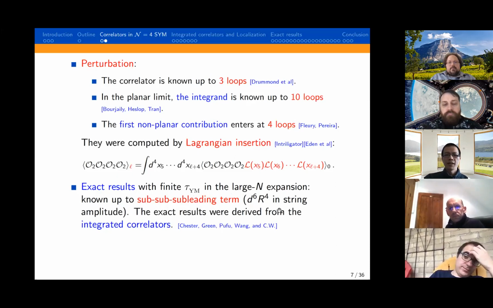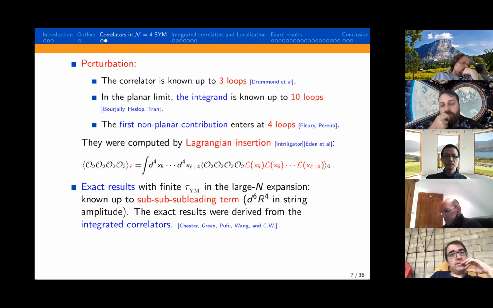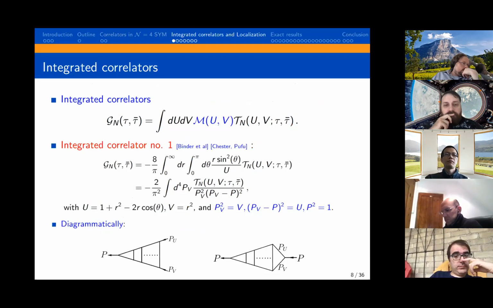If we translate it in string theory, supergravity will be Einstein-Hilbert, namely R, and this term will be D6 R to the 4. And these are exact results, which I will review, derived by studying the integrated correlator, which I will do now.